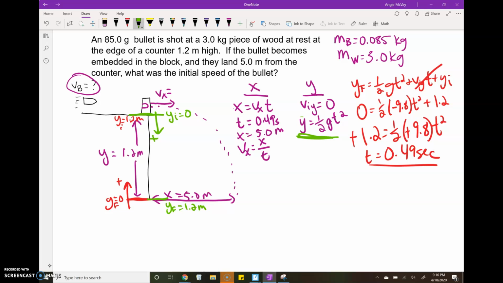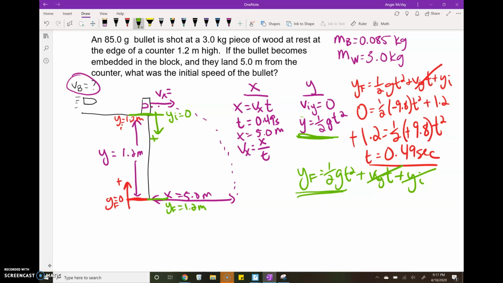The way that works out is if you use the full quadratic equation again, y final equals 1/2 gt squared plus v initial y times time plus y initial. That means y initial equals 0, v initial y times time is 0 because we're starting vertically from rest, and we end up with this.